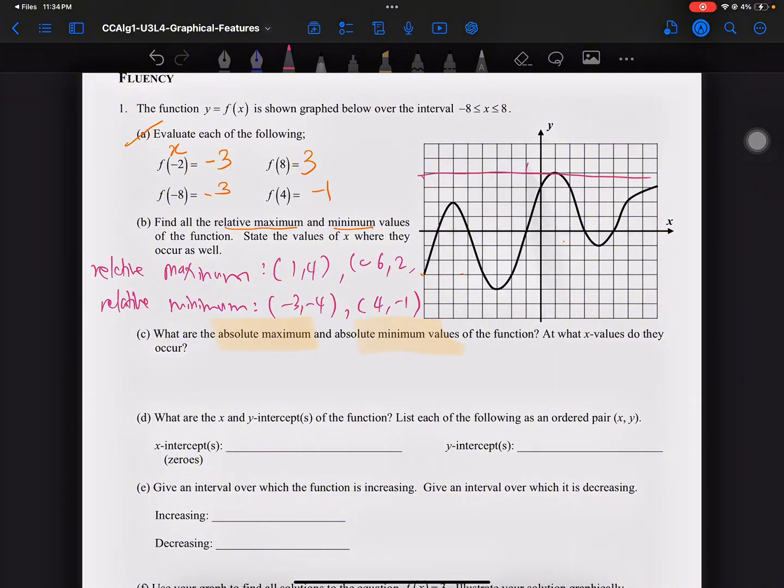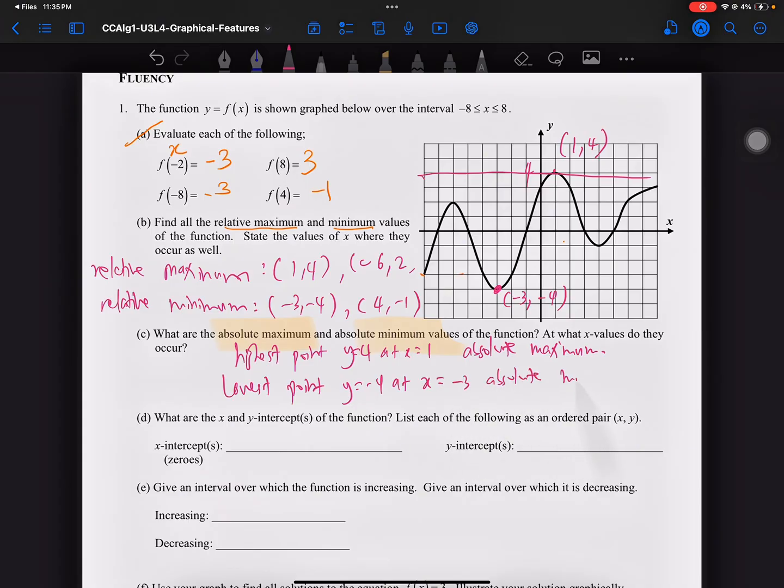So from the graph, I can see the highest point is here: y = 4 at x = 1. So the absolute maximum is (1, 4). The lowest point is here: (-3, -4), y = -4 at x = -3, the absolute minimum.